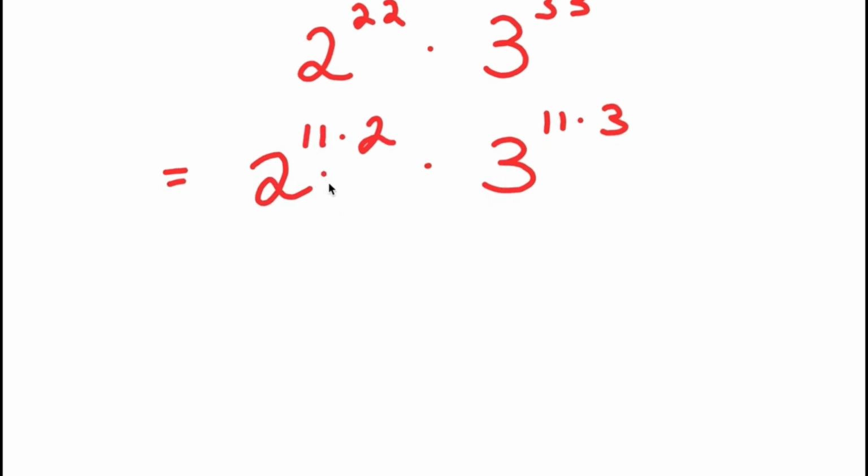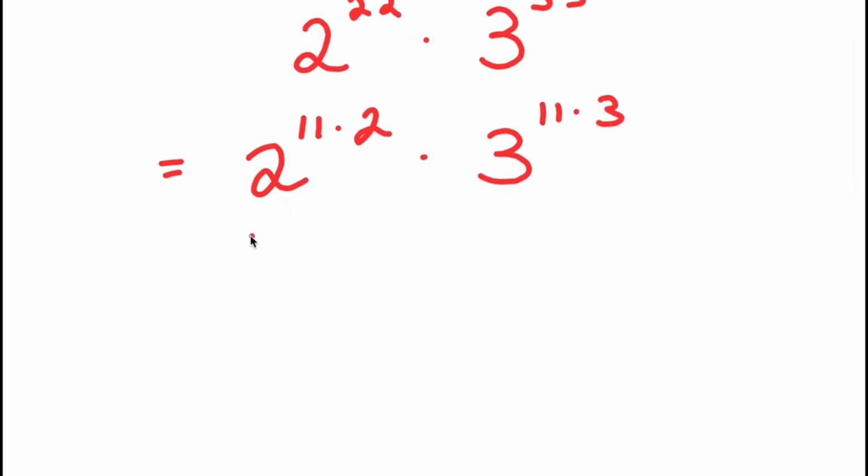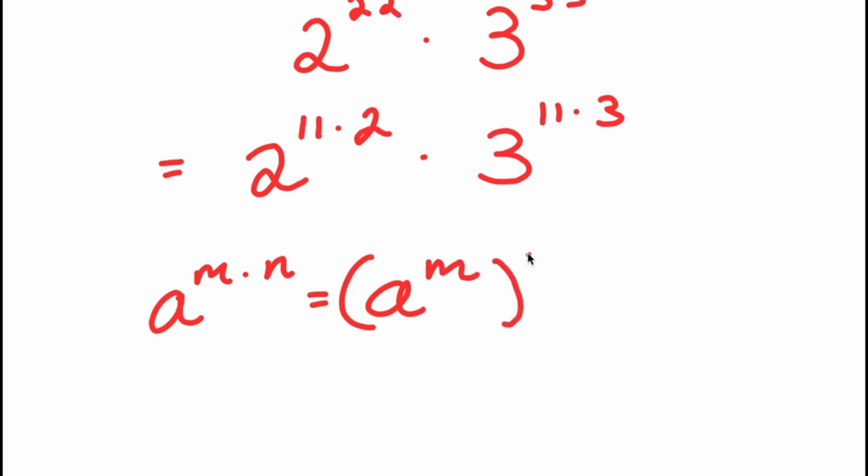Now, from here, there is an important property of exponents that I'm going to use to further develop this problem. So if I have something in the form a to the power of m times n, this is equal to a to the power of m to the power of n. So basically, these two exponents simply multiply and result in a to the power of m times n.